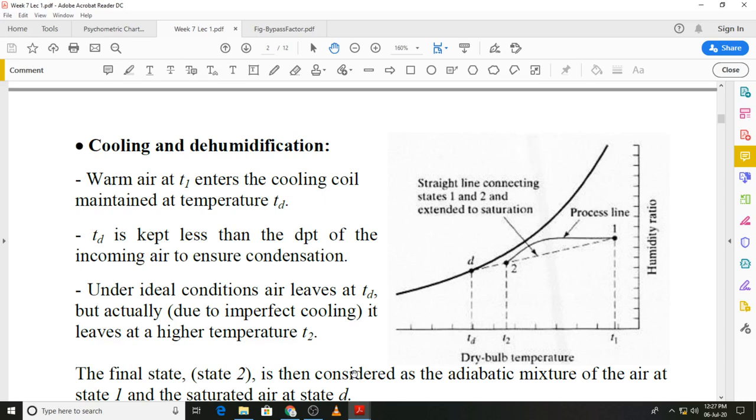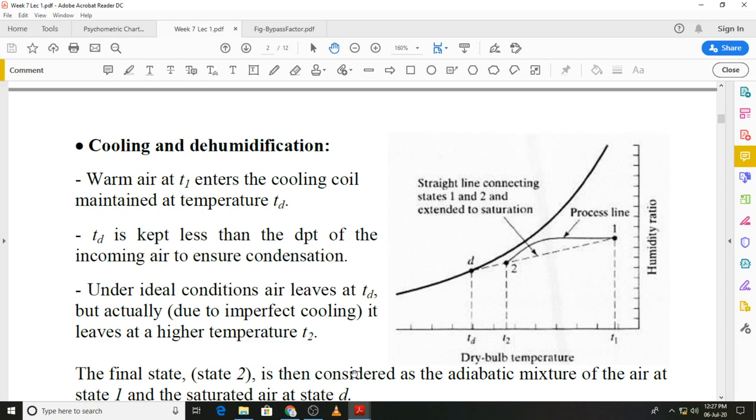The surface of the cooling coil is maintained at a temperature shown to be Td, and the entering air temperature is T1. And because we want the air to be dehumidified, the temperature of the cooling coil must be below the dew point temperature of the incoming air for condensation to occur.